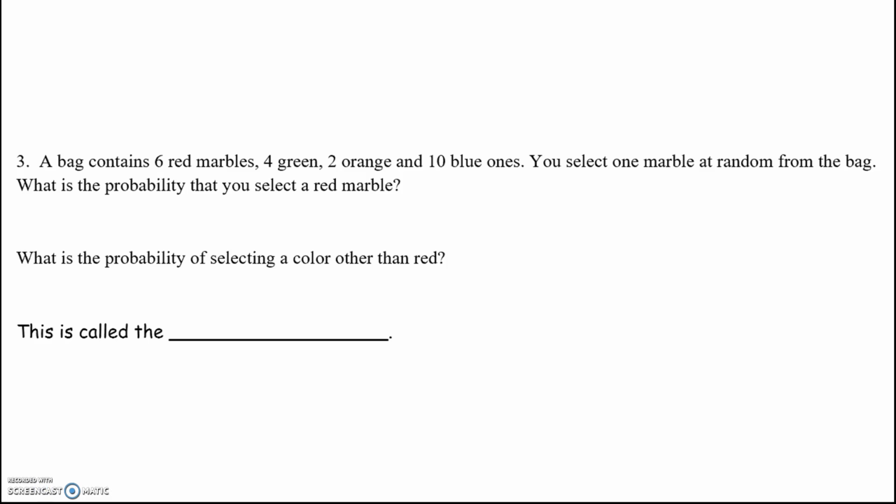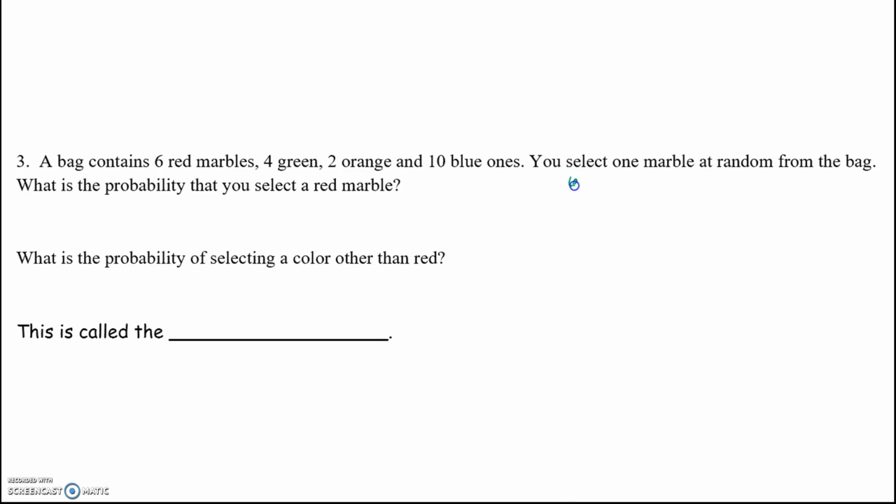All right, so the next one says a bag contains 6 red marbles, 4 green marbles, 2 orange, and 10 blue ones. You select 1 marble at random from the bag. What's the probability you select a red marble? Okay, so what we're always going to do is list them, because it's hard for me to see all the different colors while reading.